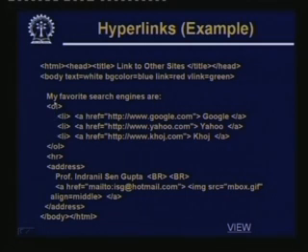Then there is an ordered list where there are 3 list items, and in each of these 3 list items I have given a hyperlink. First one is href equal to google.com, yahoo.com and khoj.com. This Google, Yahoo, Khoj, all these are displayed. Then there is a break, then there is an address, my address, and mailto is another link, and there is a source here which you can click. Okay. Fine.